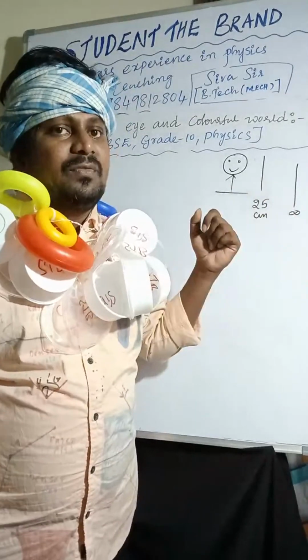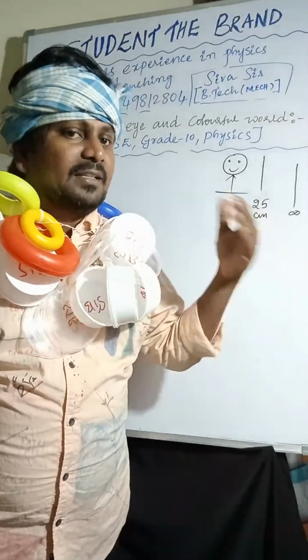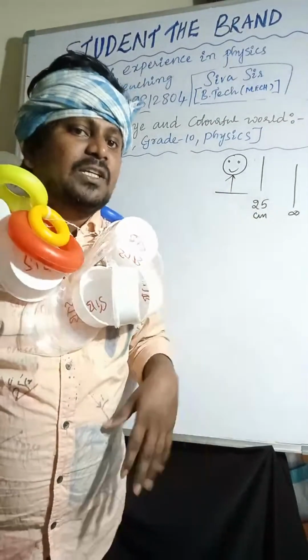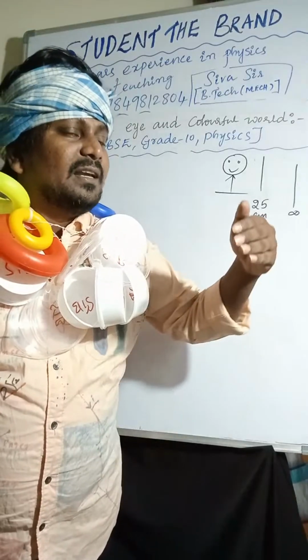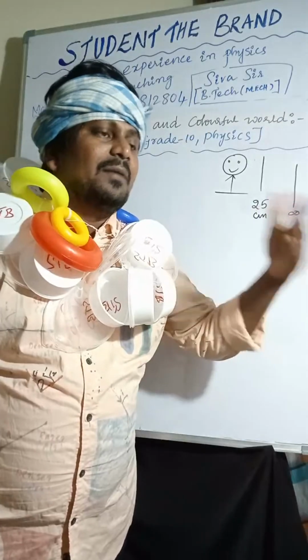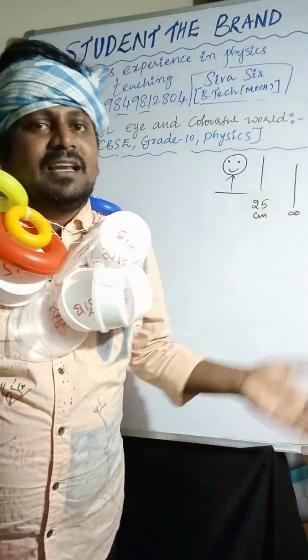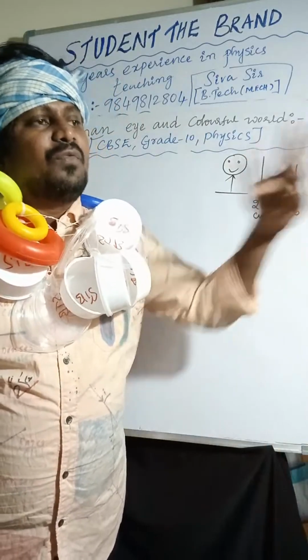So far point is infinity. The person who has myopia can see clearly only up to a certain limit, more than 25 centimeters. The far point he can't see.